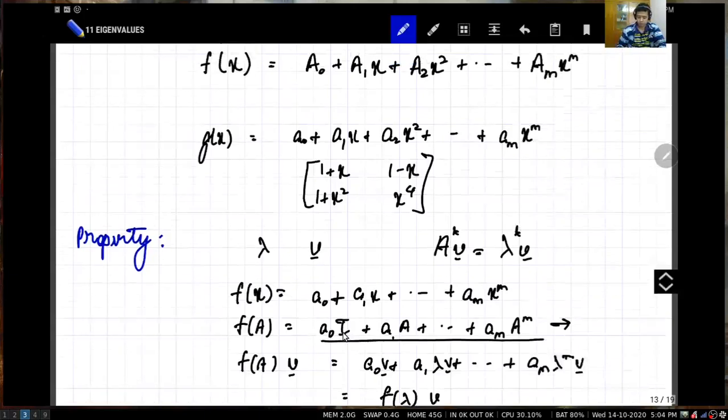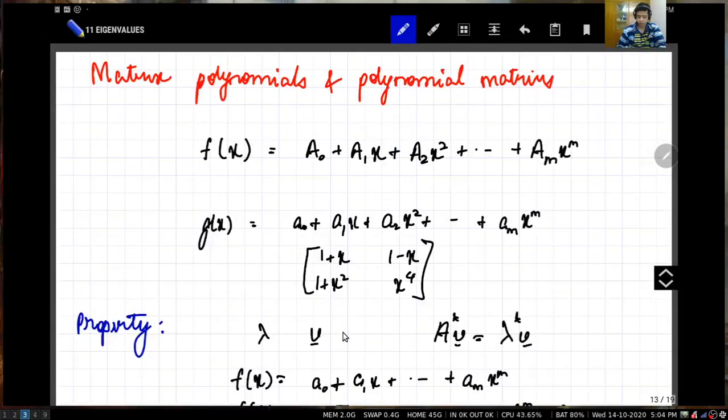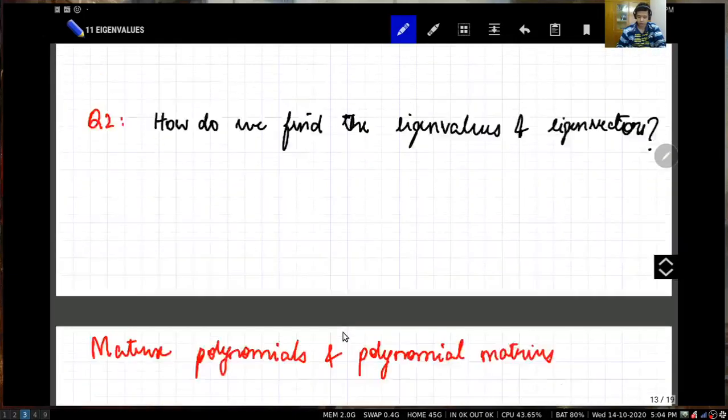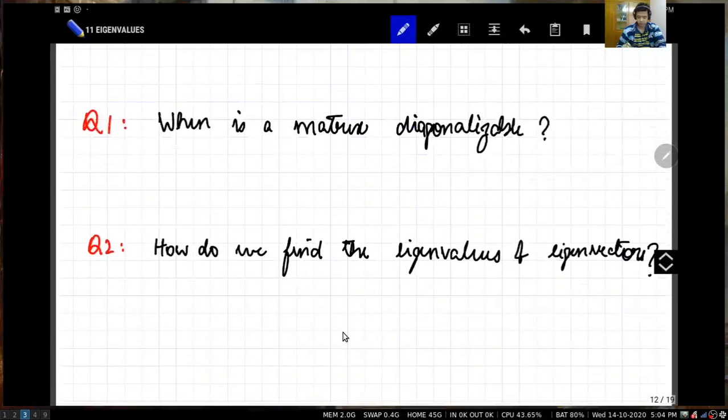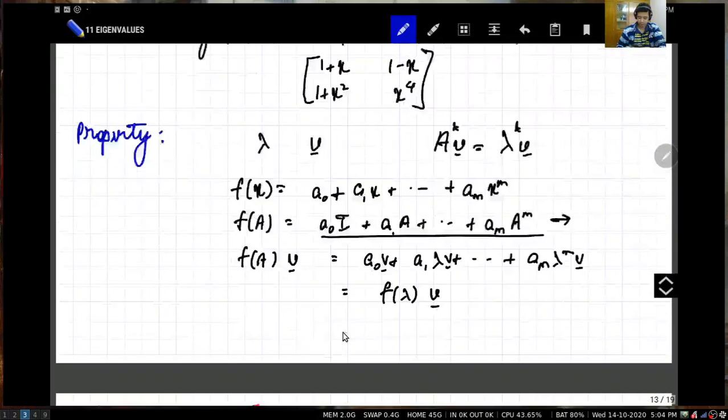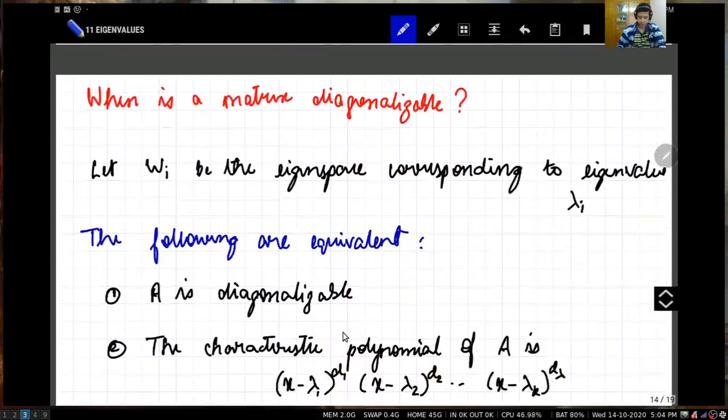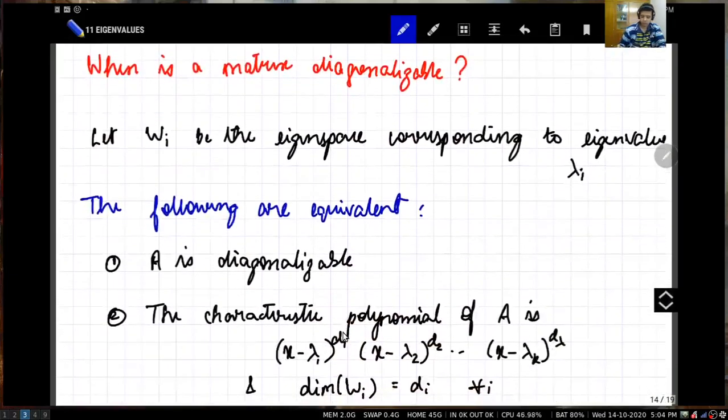All right, so with this we have essentially the background to understand the conditions under which a matrix is diagonalizable. So when is a matrix diagonalizable? Let's start off with an n by n matrix A, and perhaps it has eigenvalues lambda 1, lambda 2 up to lambda k.